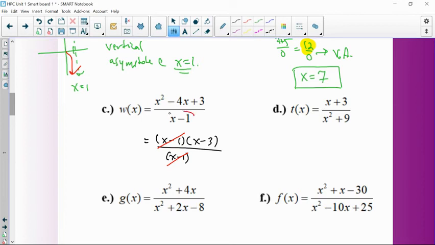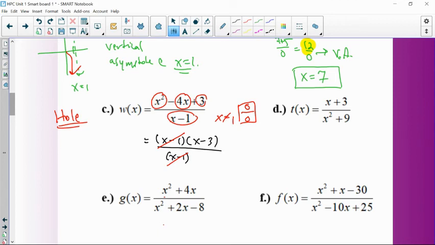Right away, I know that x can't be 1 because that would have provided a 0 in the denominator. But if you try to put 1 up here, you'd get 1 minus 4 plus 3. You get another 0 over 0. So when you have 0 over 0, that's an indication that you have a hole. So there's this removable point of discontinuity.